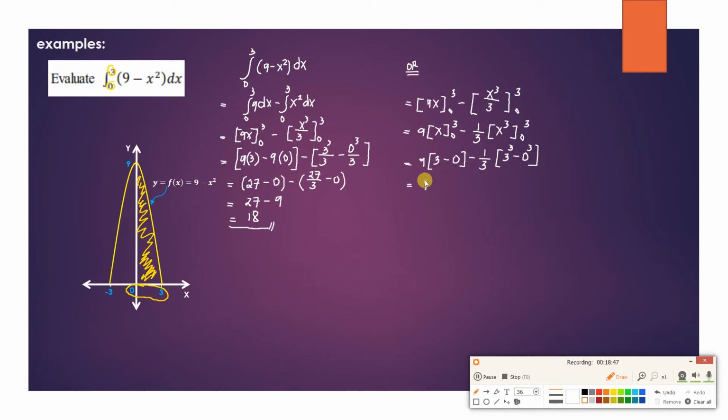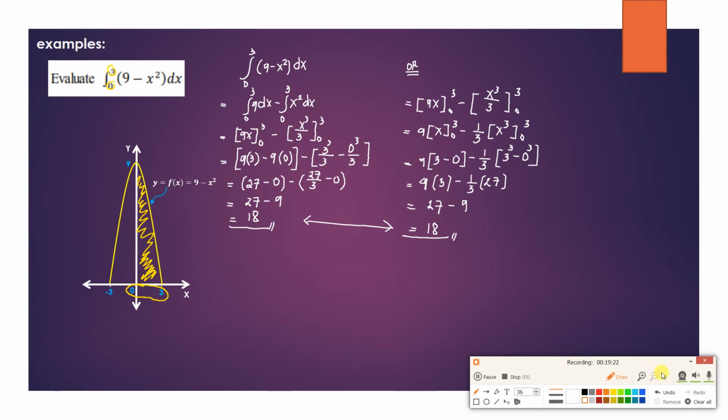So, 9 times 3 minus 0 is 3, minus 1/3 times 3 raised to 3 is 27, minus 0. So, 9 times 3 is 27. 27 divided by 3 is 9. So, the same answer, no? Arriving at the same answer. So, bahala kayo kung ano yung mas gusto ninyong gawin, yung hindi nilalabas yung constant, or yung nilalabas yung constant. It's up to you.